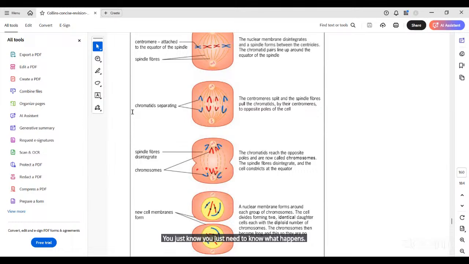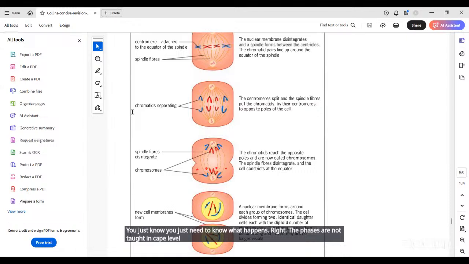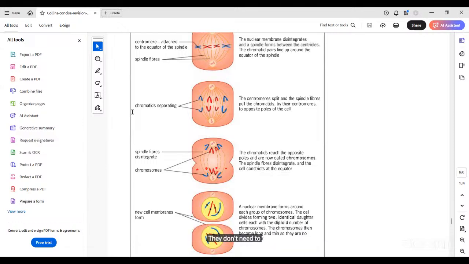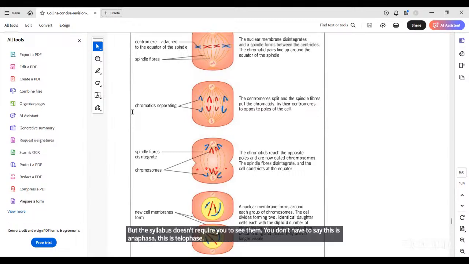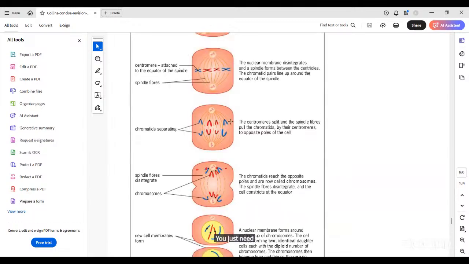The phases are now taught at CAPE level. That's where the phases are now moved to. Teachers still teach them, but the syllabus doesn't require you to say them. You don't have to say this is anaphase or this is telophase. You just need these steps, which are only what is required by CXC these days.